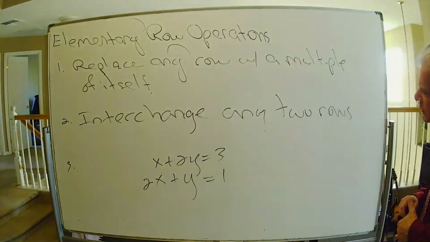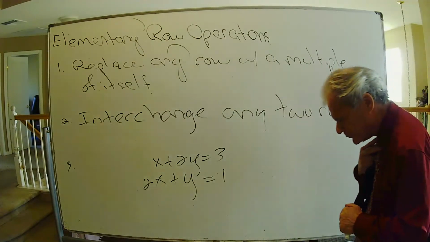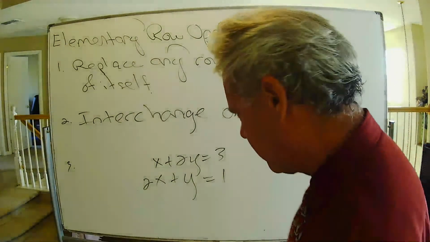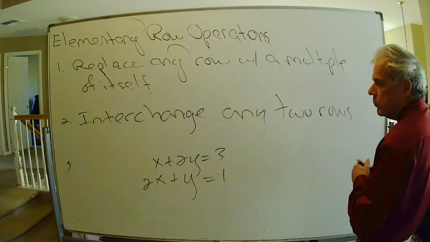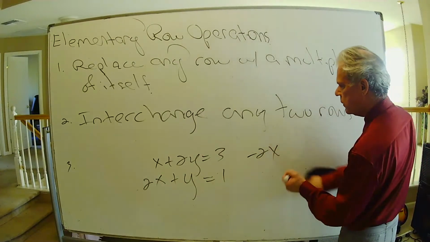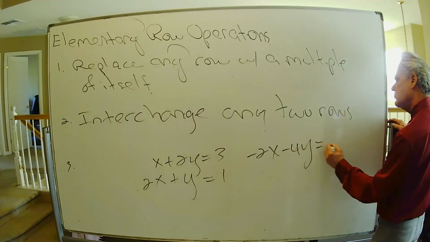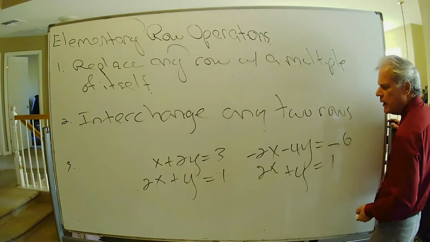So take a peek at this system of two equations and two unknowns. One of those ninth grade algebra techniques is referred to as the elimination method, or maybe called the addition method. It basically says that I can take, for example, the first row, multiply both sides by -2, and add it to the other row.